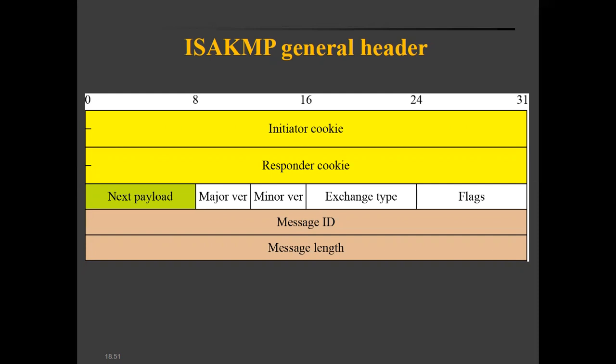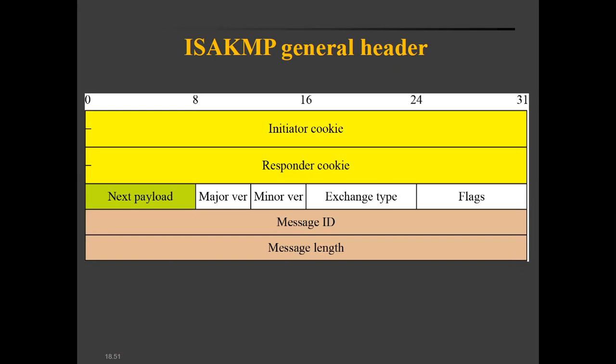This is a 32-bit field which defines the cookie of the entity that initiates the security association establishment, the security association notification, or the security association deletion. Then the next one is the responder cookie. This is again a 32-bit field which defines the cookie of the responding entity.